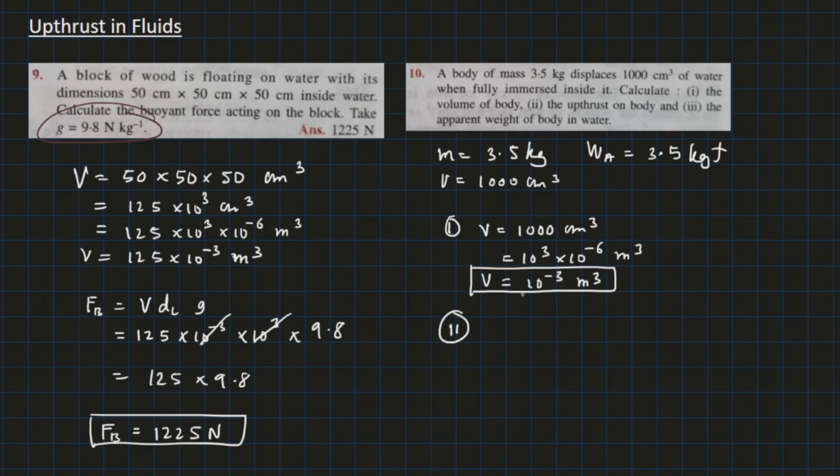The second part is upthrust. So upthrust is equal to V d l g. If you are writing volume as 10 to the power minus 3 meter cube, then density of water has to be written in SI, that is 10 to the power 3. So this will give you 1 into g, and therefore I get the upthrust as 1 kilogram force.